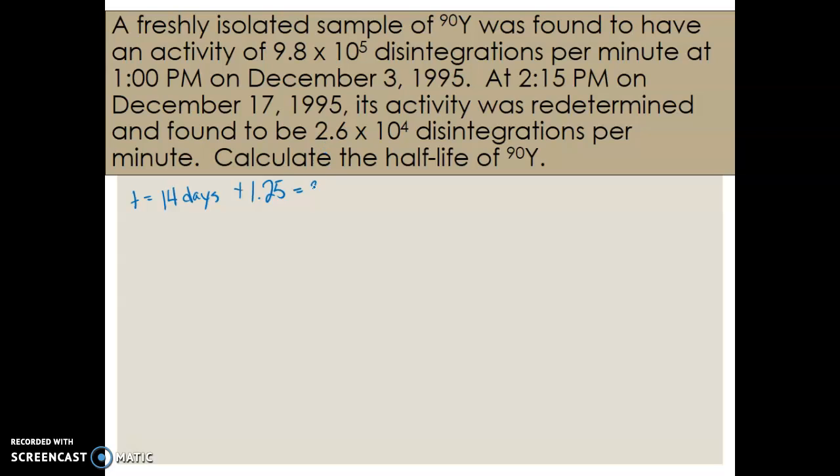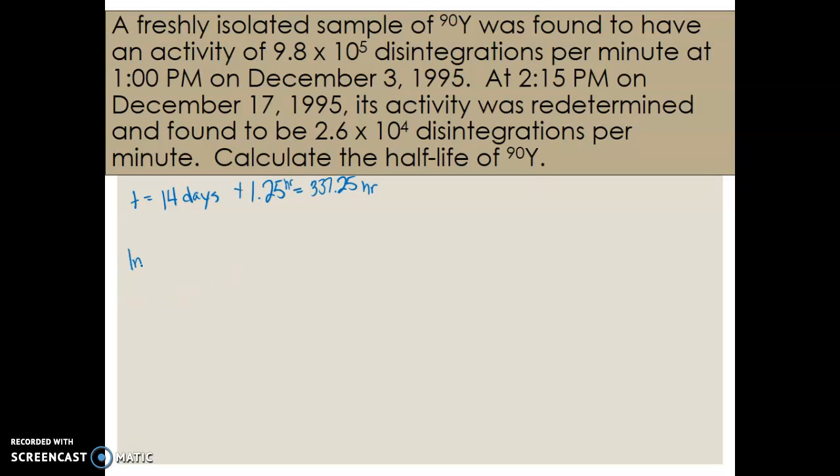So total time in hours is 337.25 hours. Now it does say disintegrations per minute, but that's just looking at the amount of radioactive nuclei in that time. We don't need to convert this to minutes.